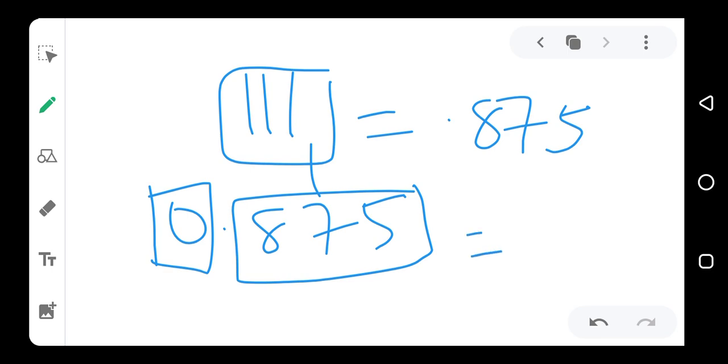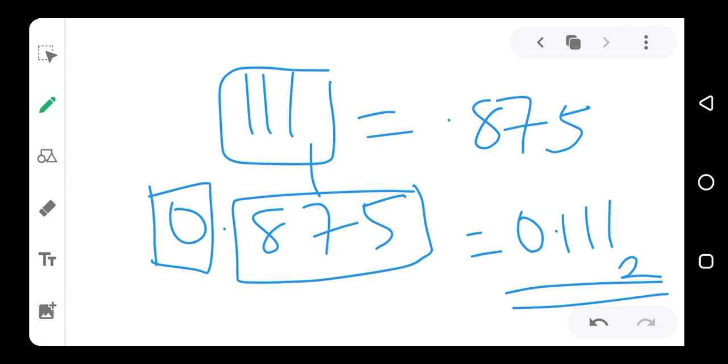So the final answer is going to be 0.111 in base 2. So this is how to convert this fraction in base 10 to base 2. So 0.875 in base 10 will give us 0.111 in base 2.